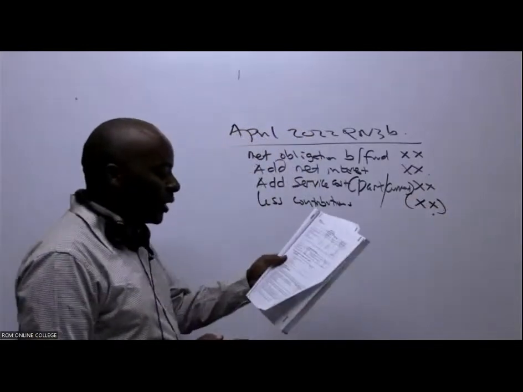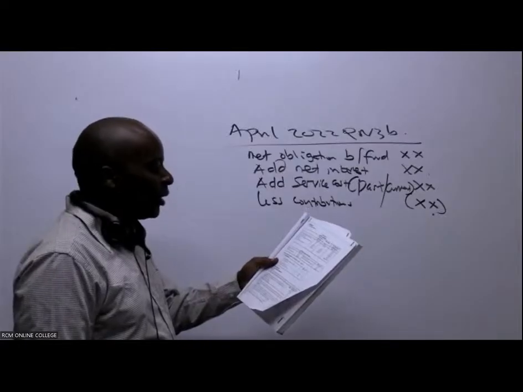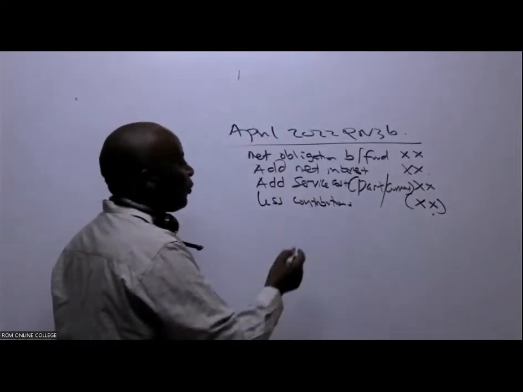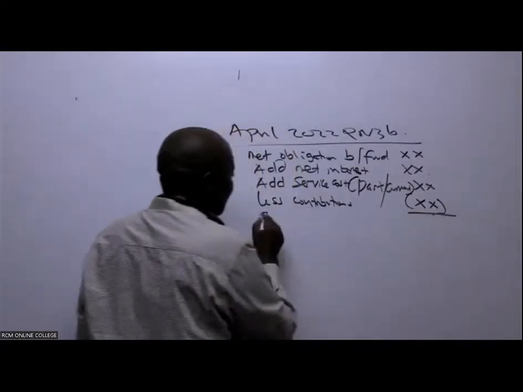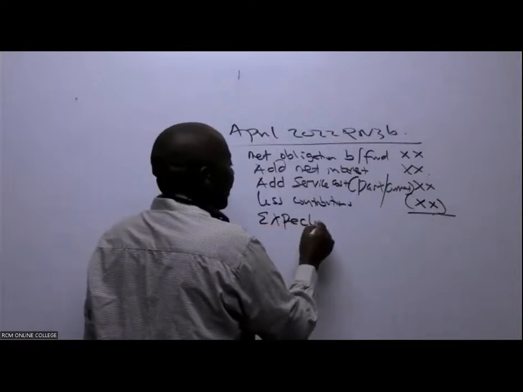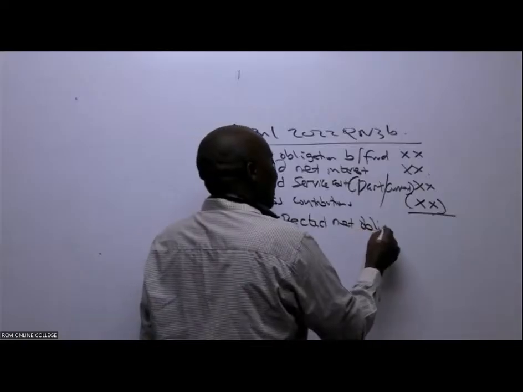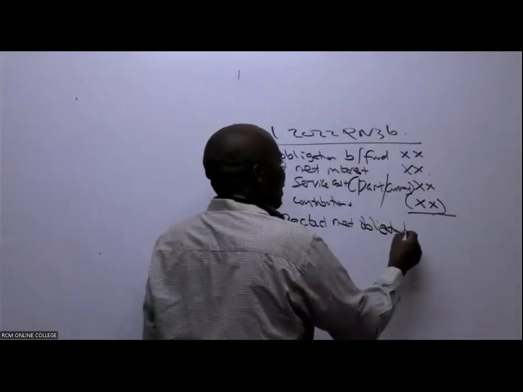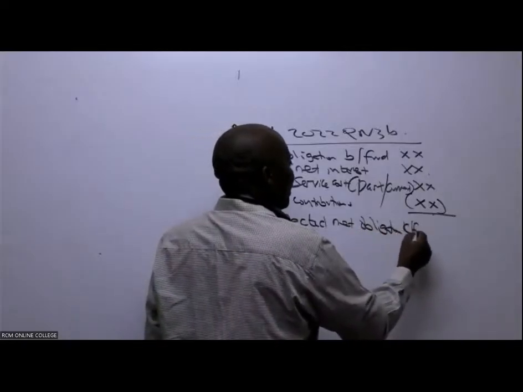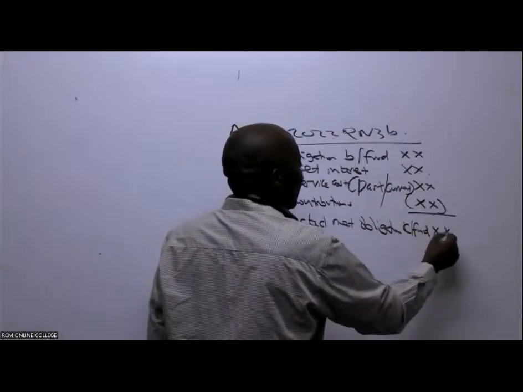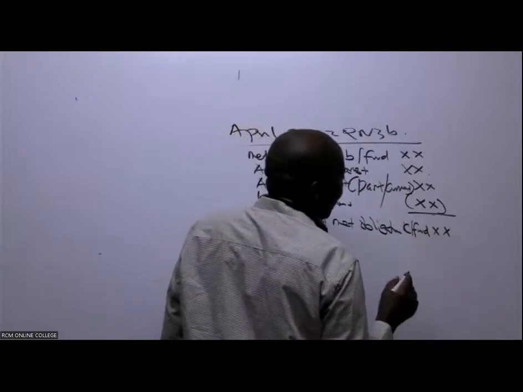So once you less that, ladies and gentlemen, there is nothing else that you expect apart from what we call the expected net obligation carried forward. So it is this that you shall be able to compare.